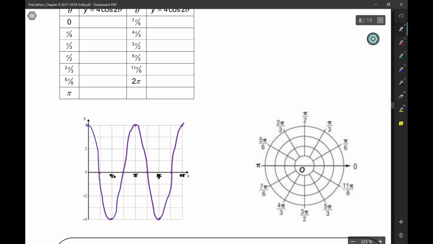I didn't put a trends box here, but this is super important. The radius starts off at maximum, goes to 0, back to maximum. When we talk about radius, let's talk about minimum or maximum.